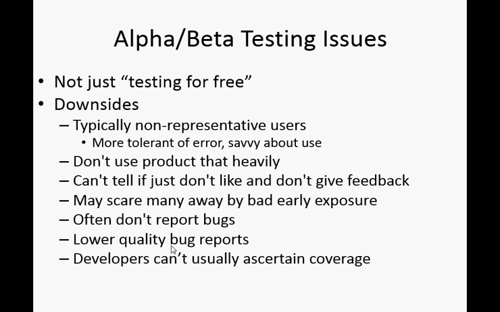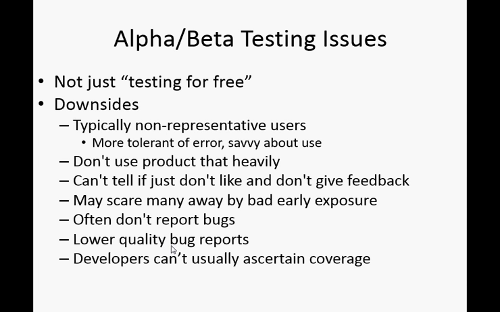Now, if your system has automatic bug reporting, which is strongly advised, I would love to see this in your projects. No matter who's using it, if there's a system problem, it will report that. Even if the users themselves aren't putting together bug reports, you may get reports of this assertion failure in this module at this line, or an out-of-memory condition at this location, which can be really helpful.